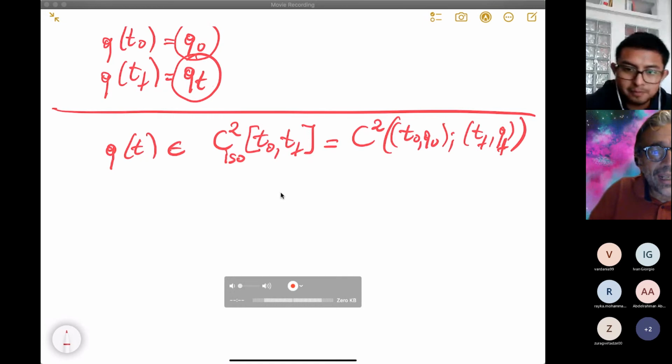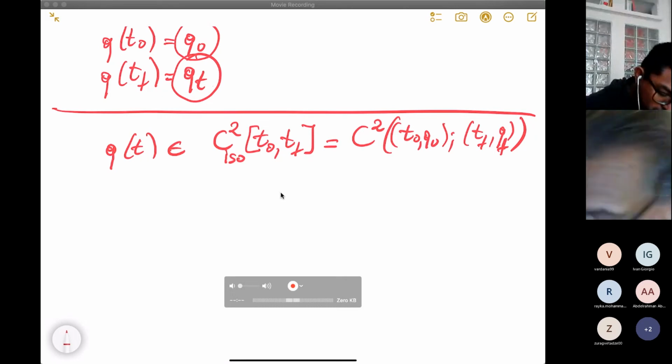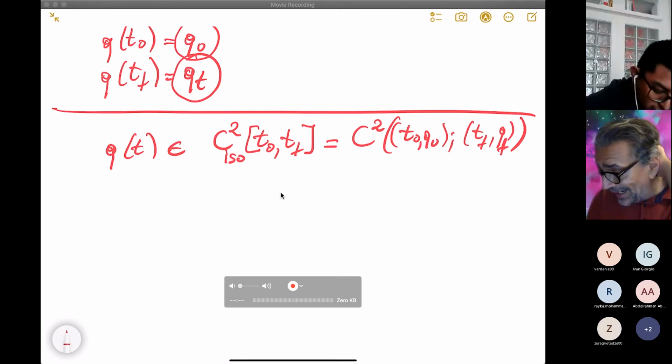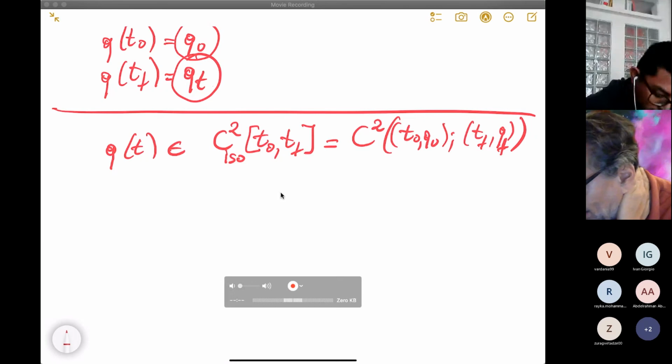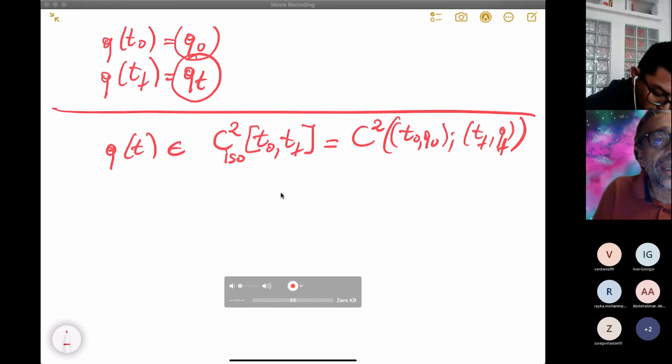So we have every C2 function which starts at instant t0 from q0 and arrives at instant tf in the configuration qf.